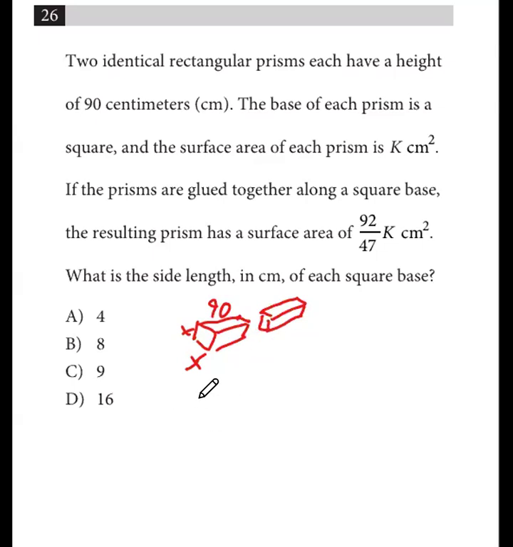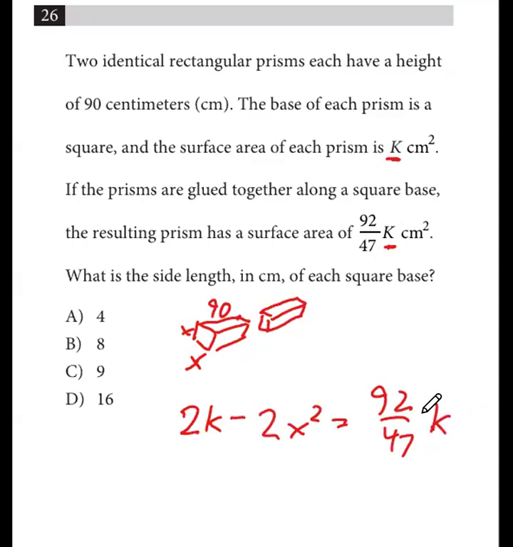We're also told that the surface area is K. So we can write this as 2K minus the two surface areas of the squares that are now glued together, that are no longer surface area because they are inside the new resulting figure. So this would be minus 2x squared, because x squared is the size of this surface and we have two of them glued together. And this is equal to the total area, which is 92 over 47K.